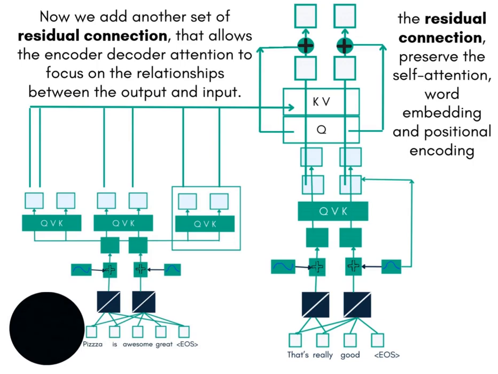QKV, right? So this is my encoder-decoder attention, and that gives me two attention score values. And then finally we preserve the self-attention, word encoding, and positional encoding. We actually get the values from here and add them back, right?